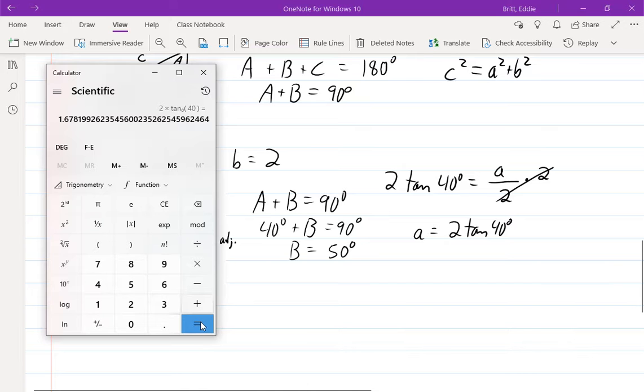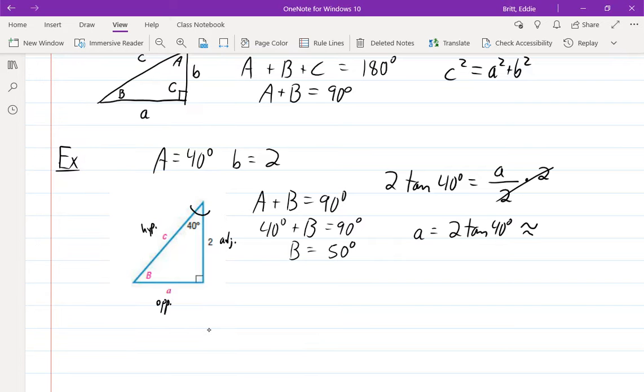Again, if you're using a TI calculator, you can probably just type in 2 times tangent and then put in 40 and then equals. So I got that side A, if I round to 2 places, is 1.68.